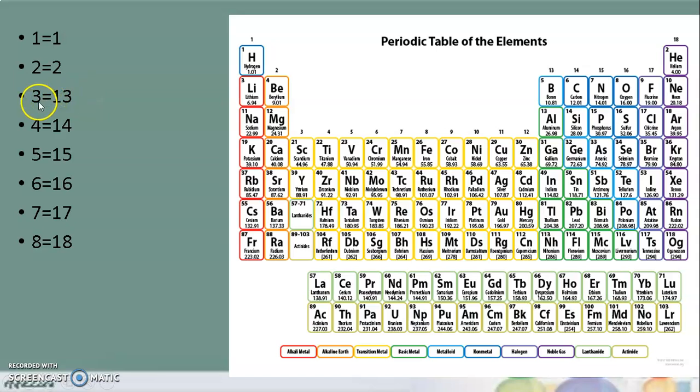If your valence electron is 3, then that is found in group 13. If the valence electron is 4, then you have group 14. If it is 5, that's group 15, then 16, then you have group 17 and 18 for the noble gases.